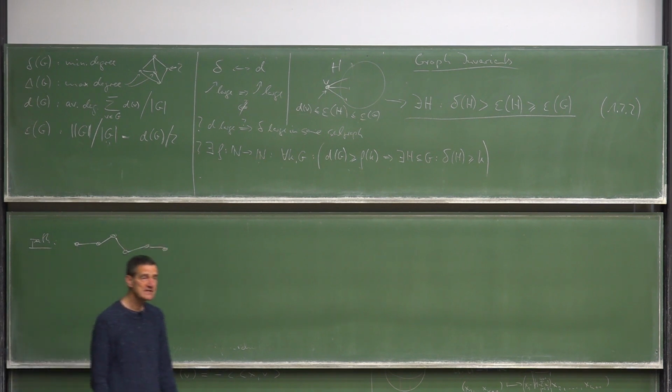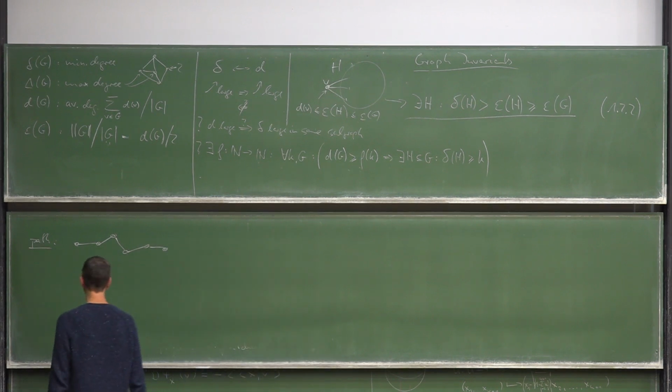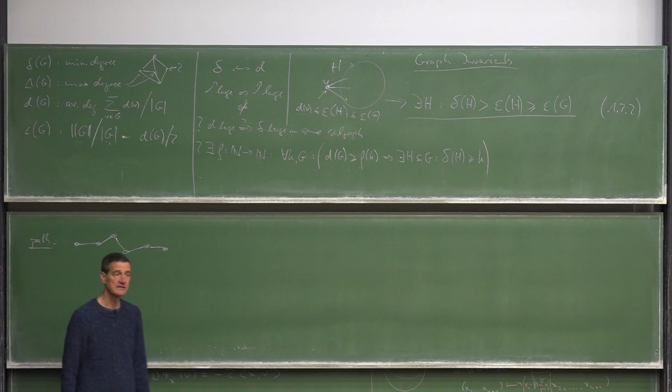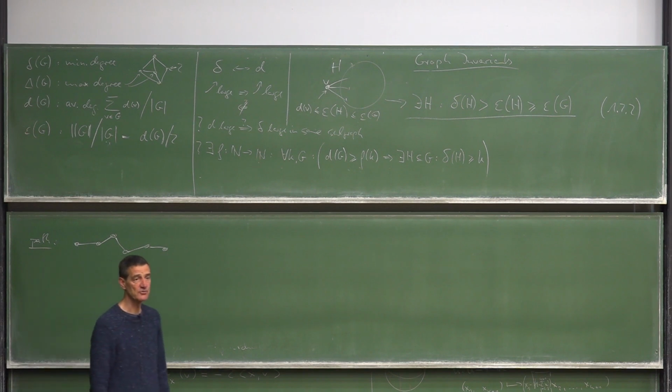So more precisely, a graph is called a path if we can enumerate the vertices in such a way that the edges are precisely those between two adjacent vertices in this enumeration.